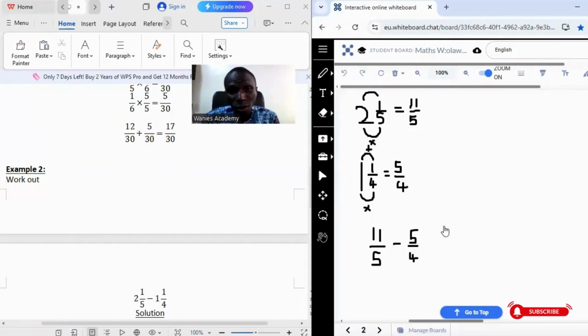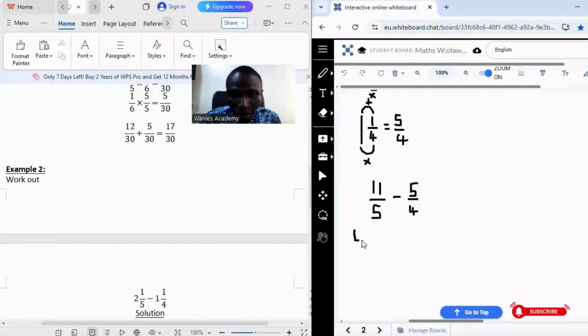So what we just have to do here is to look for the lowest common multiple, or the LCM, of 5 and 4. The lowest common multiple of 5 and 4 is 20.